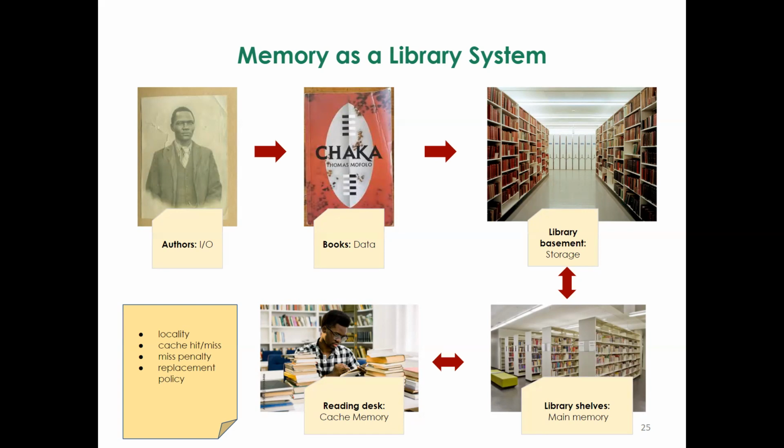Rather, go to main memory or your storage memory, your hard drive. You know exactly what you're looking for. You're looking for a book by Thomas Mofolo on Chaka, but don't simply retrieve that book alone. Why? Because in the subsequent cycles, you are highly likely to want to access another book next to it.